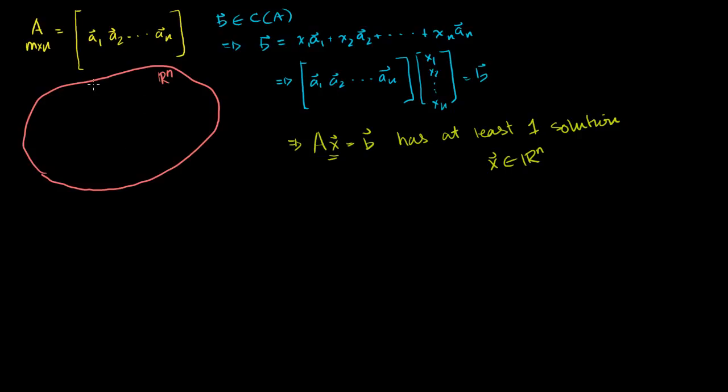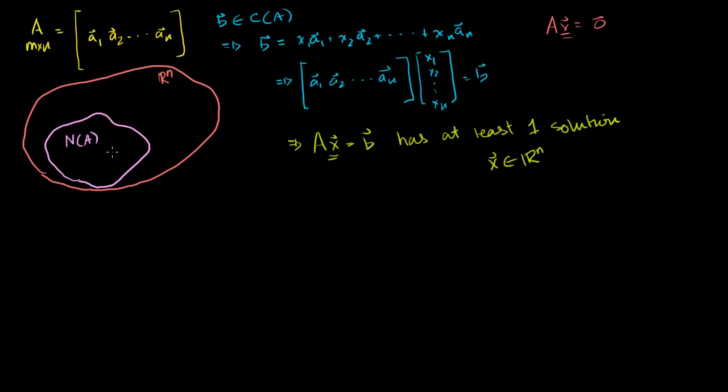We have the null space. The null space is all of the solutions to the equation Ax is equal to 0. It's all of the x's that satisfy that equation. So let me draw that right here. So let's say I have the null space right there. So that is the null space of A.